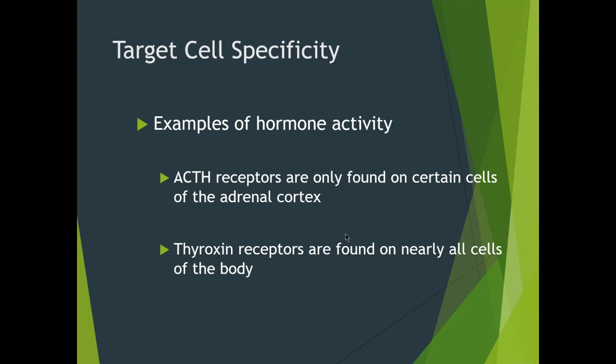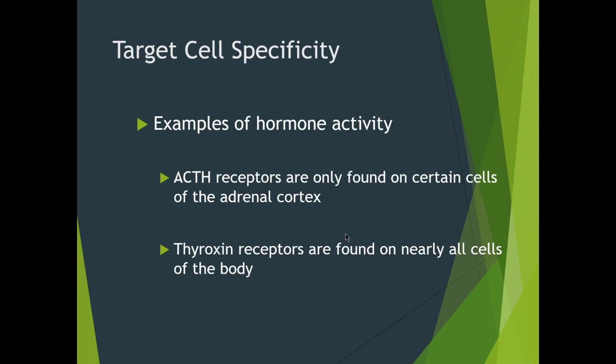There are some hormones that only have a few target cells in the whole body. If you look at the hormone ACTH, it stands for adrenocorticotropin hormone. It comes from the pituitary. And the only place in your whole body that has receptors for this hormone is on the adrenal cortex.